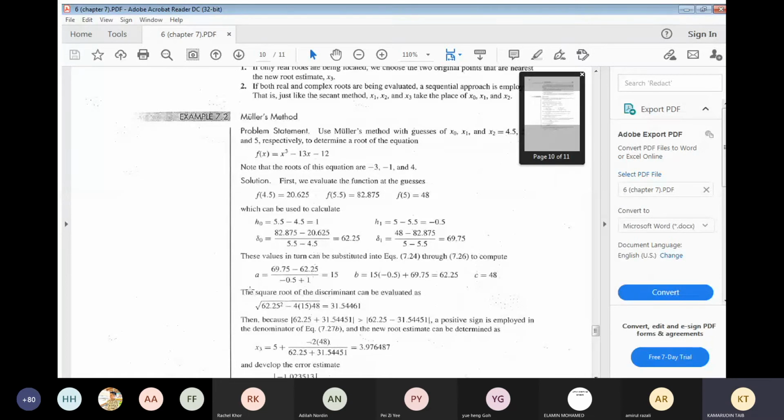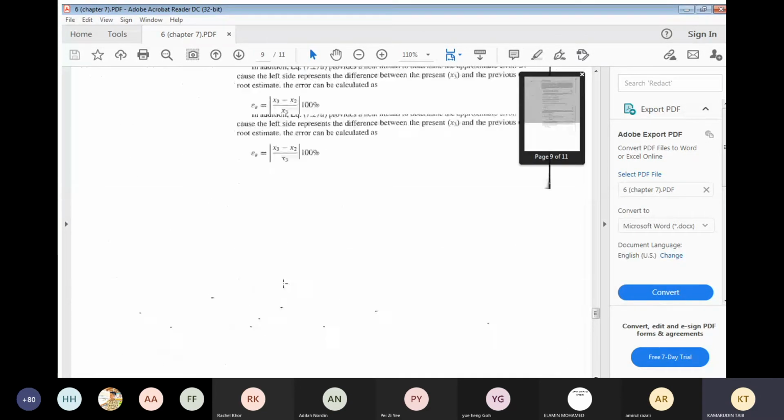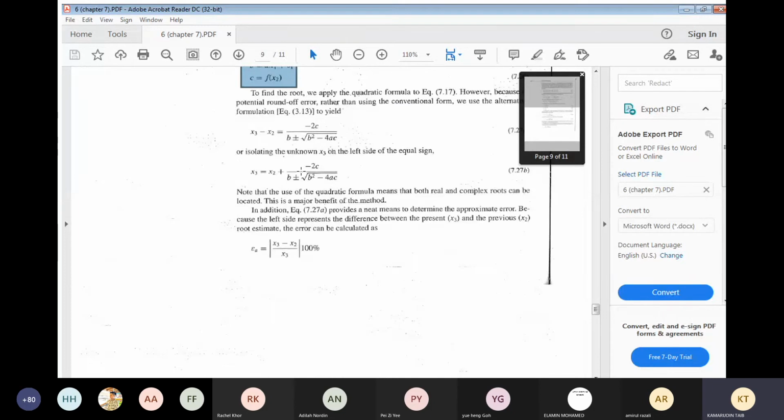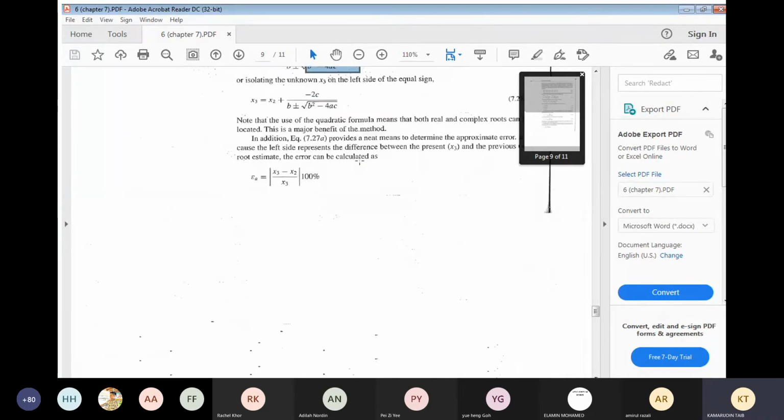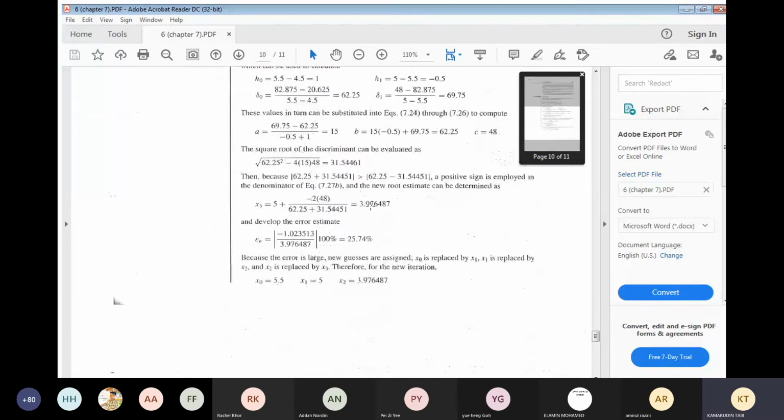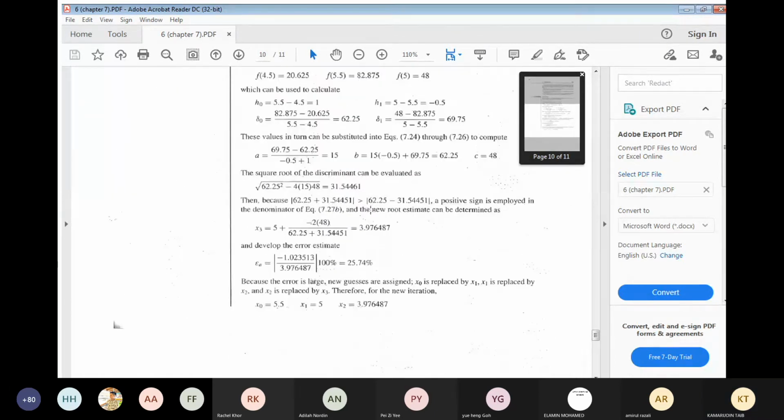And then the square root of the discriminant can be evaluated. That means you calculate this first, the square root of the discriminant. And then we substitute inside the equation.